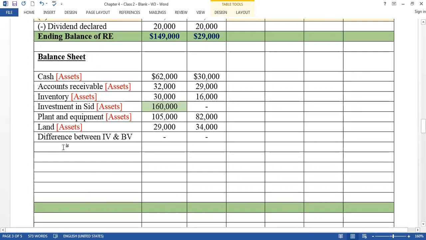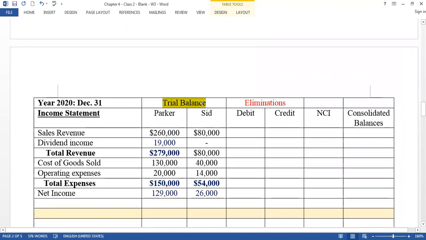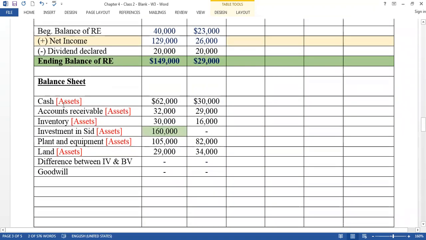And we have goodwill we can write here. You can see that we are going to keep this blank, because this column is only for the trial balance. But as goodwill goes to the balance sheet, I create a new cell for goodwill, and I can show you how this goodwill came from the difference.